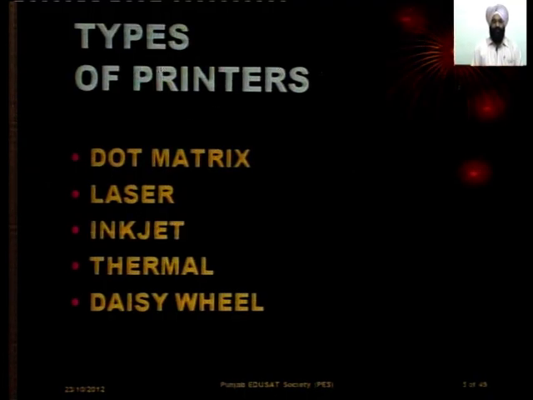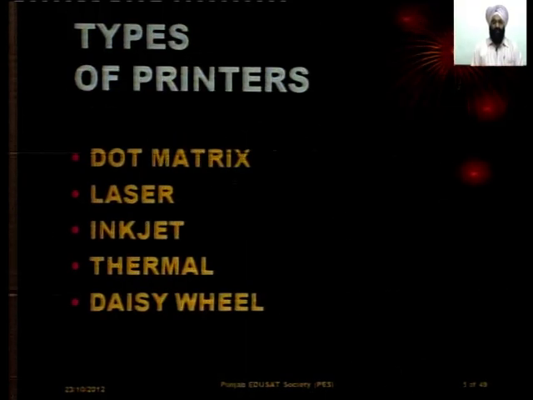The types of printers mostly used are dot matrix printer, laser printer, inkjet printer, thermal printer, and daisy wheel printer. Nowadays only inkjet and laser printers are mostly popular. The dot matrix printer was very much popular and very much used in early days, almost 10-15 years ago.